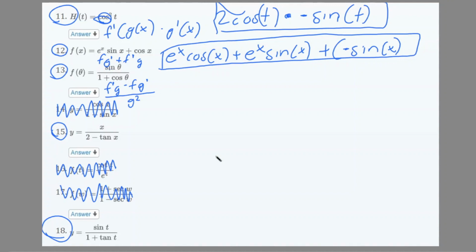So f of x is on the top, g of x is on the bottom, so the derivative of sine theta is going to be cosine theta.